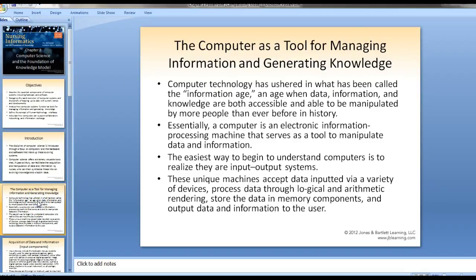All right. So computers are tools for managing information and generating knowledge. Computer technology has ushered in what's been called the information age, an age when data, information, and knowledge are both accessible and able to be manipulated by more people than ever, right? And not just the information that's presented, but the way people process the information.